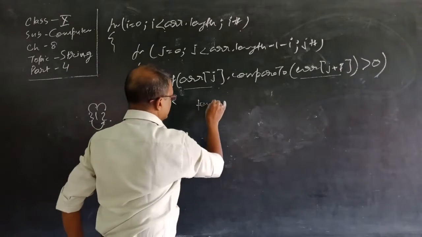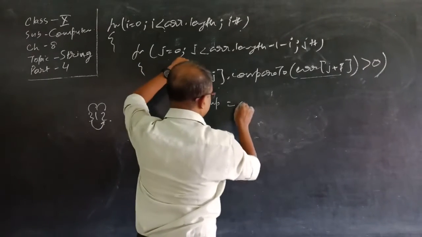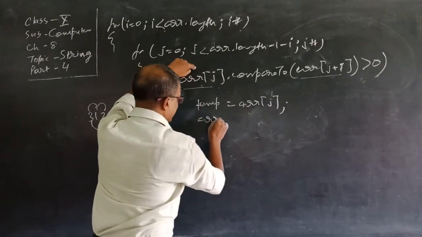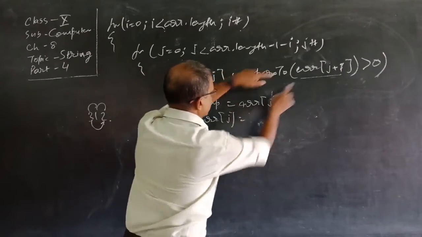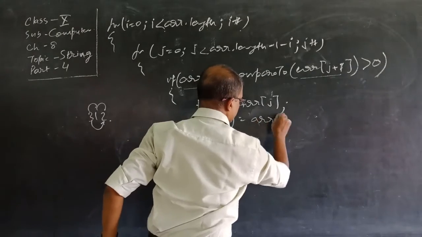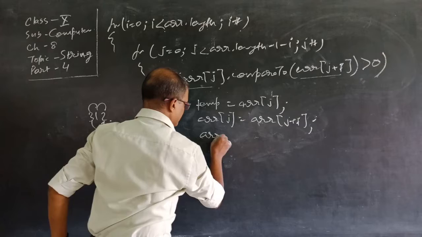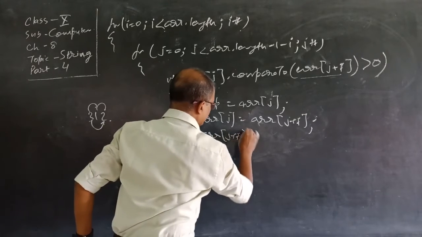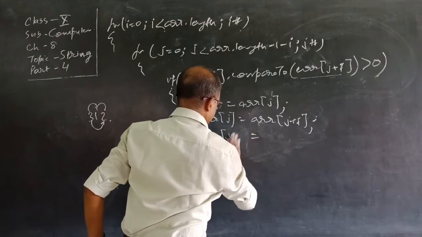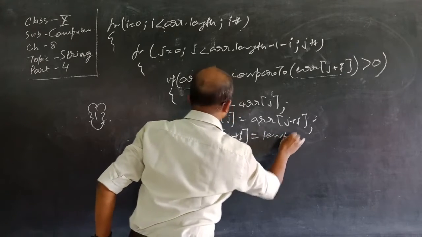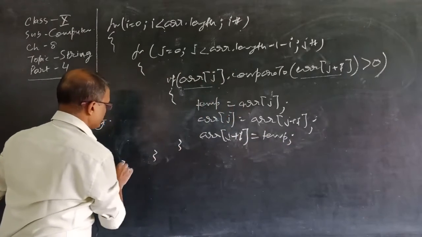So temp equal to arr[j]. In arr[j] we store arr[j plus 1], and in arr[j plus 1] we store the third, means temp. Close if, close loop, close loop.